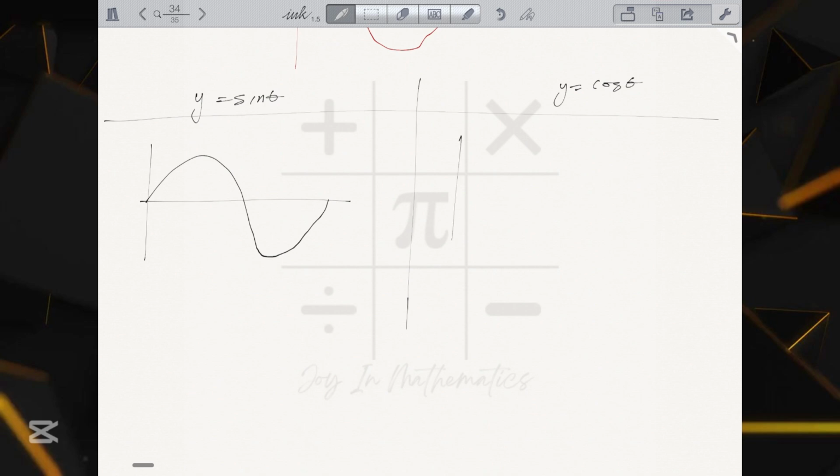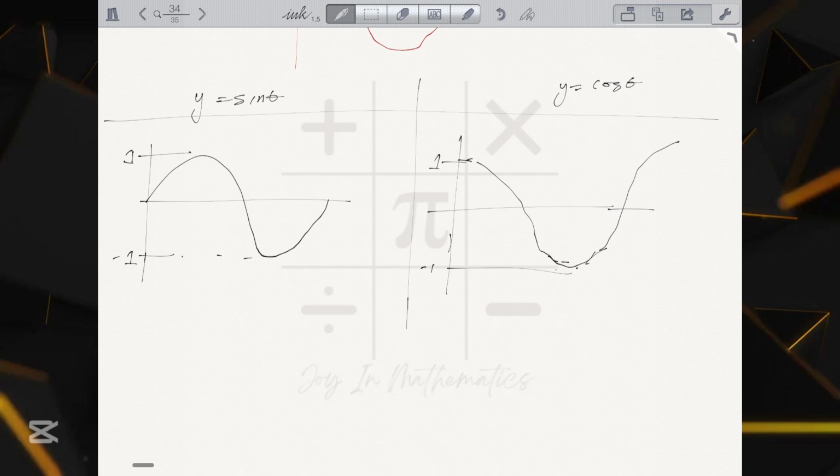For cos theta, the graph starts from 1, goes to 0, goes to minus 1, and goes back to 1. Now we observe that the amplitude is 1 for these two graphs, between 1 and minus 1.